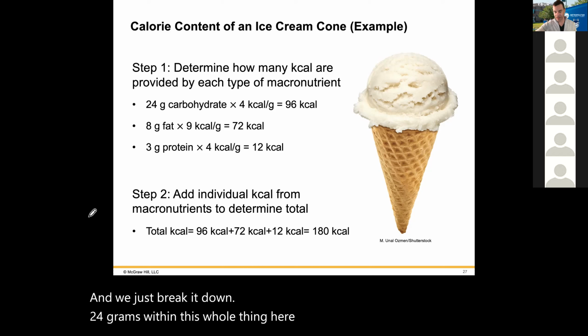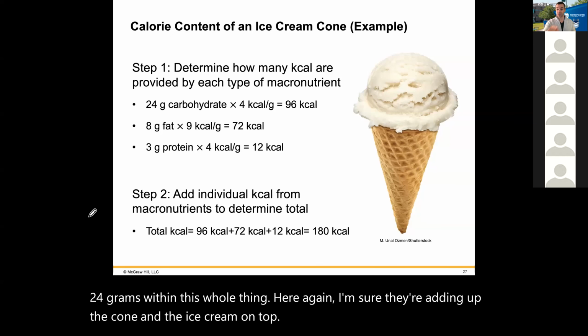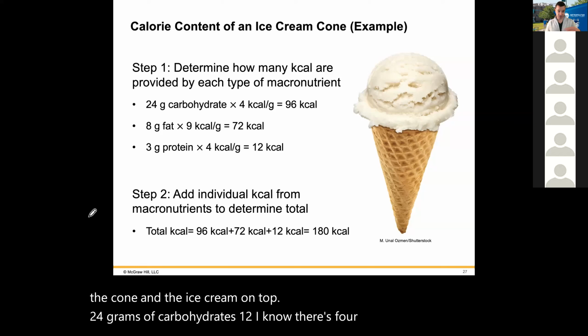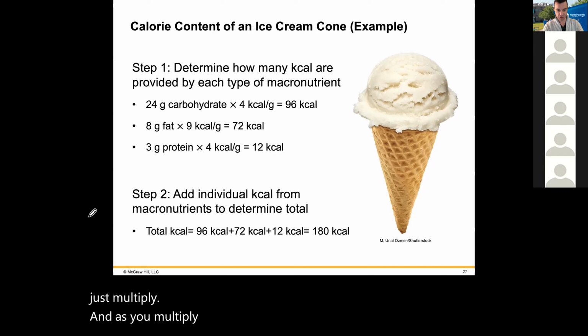Again, I'm sure they're adding up the cone and the ice cream on top. If I know there's 4 units of energy, then I just multiply. And as you multiply, you see grams cross themselves out, 96 kilocalories.